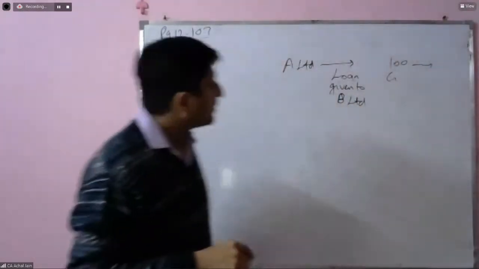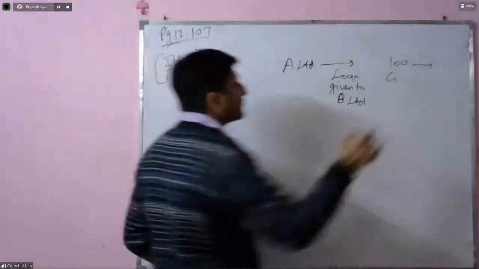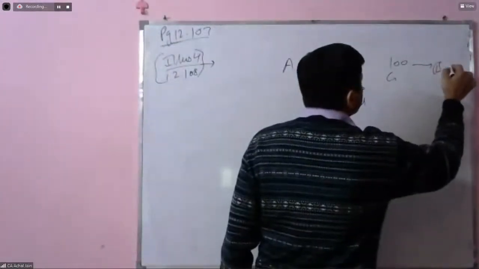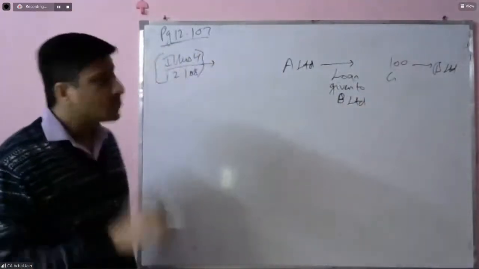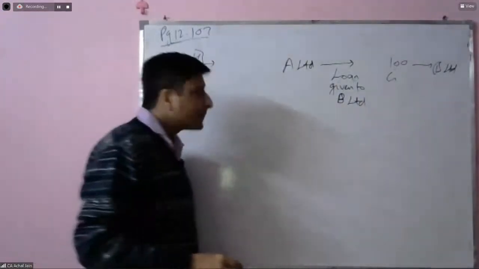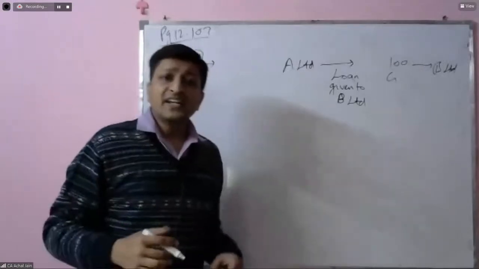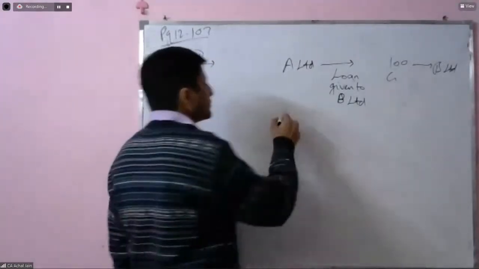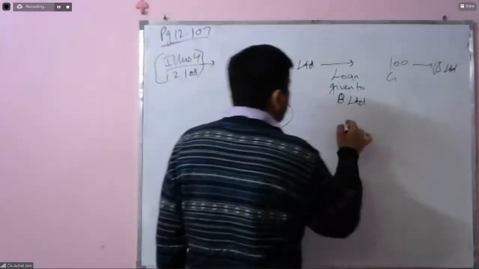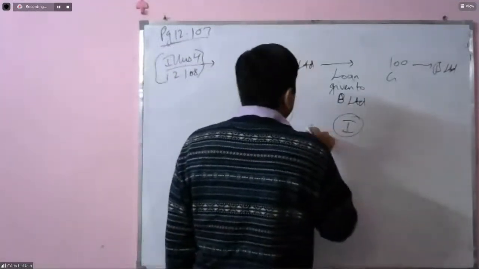Okay, it has given a loan to B Limited for 100 crores. And this is B Limited. So what are we trying to say here? We are saying that currently A Limited is entitled to two things. What are those two things? Principal and interest.